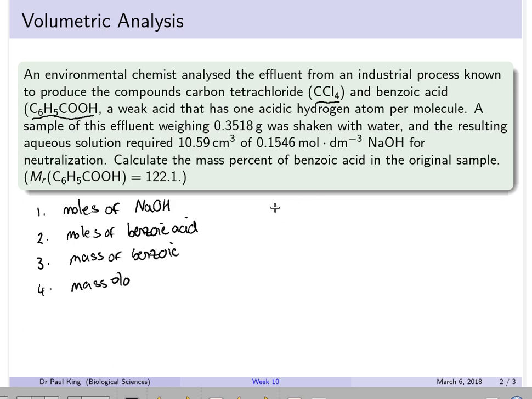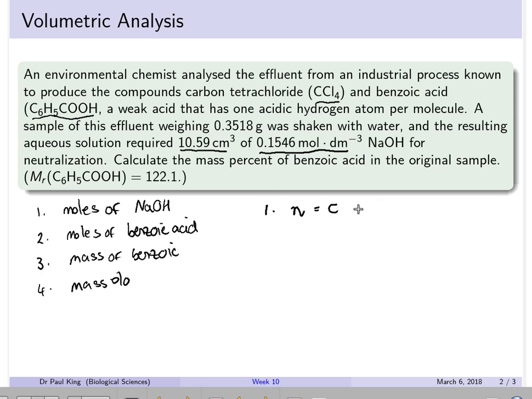Okay, so to start off with, point 1, to work out the number of moles of sodium hydroxide used in the titration. Well, we know the volume and we know the concentration. So we can work out the number of moles of sodium hydroxide.